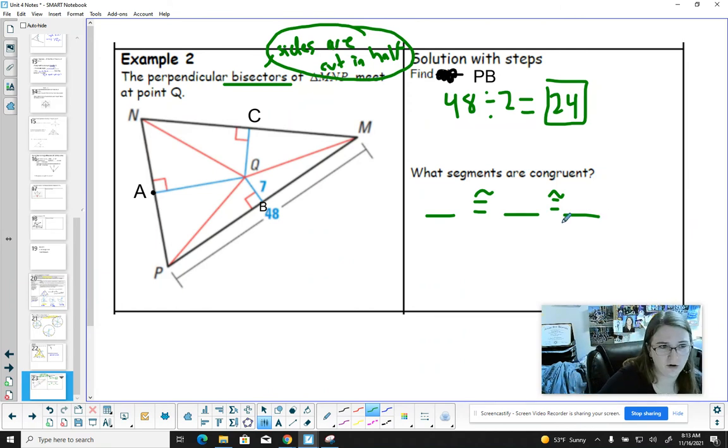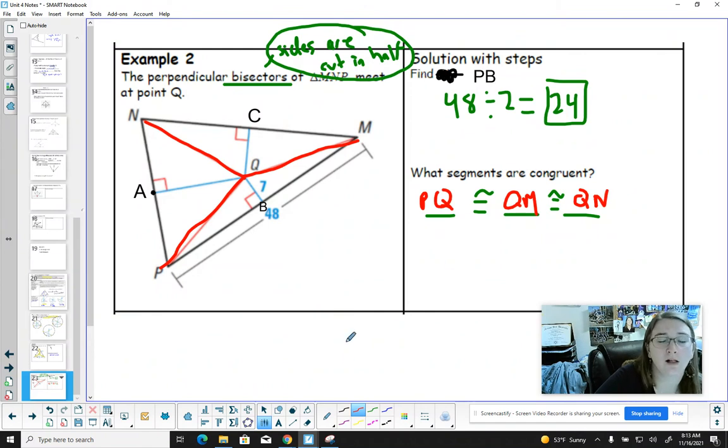Those 3 will be the same. What are they? Well, here is center to the angle is PQ or QP. Center to the angle is QM. And center to the angle is QN. Those will all be congruent because of the magic of what happens with the circumcenter.